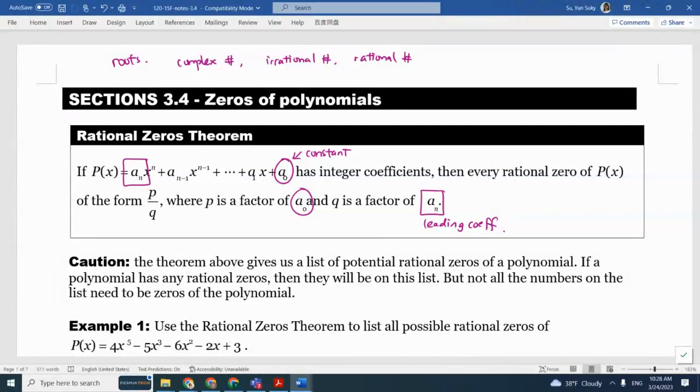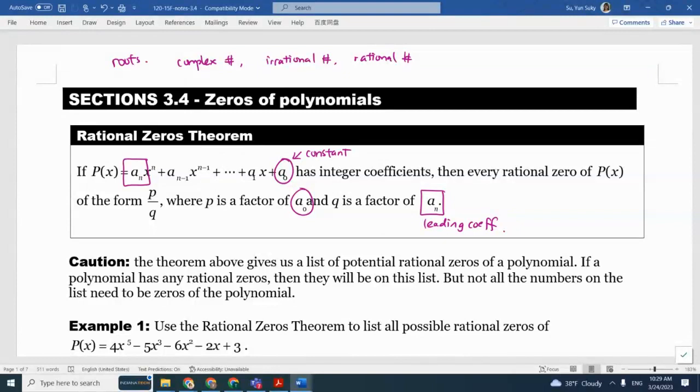Caution! The theorem above gives us a list of potential rational zeros of a polynomial. If a polynomial has any rational zero, it must be on the list. But not all the numbers on the list will be zeros of the polynomial.